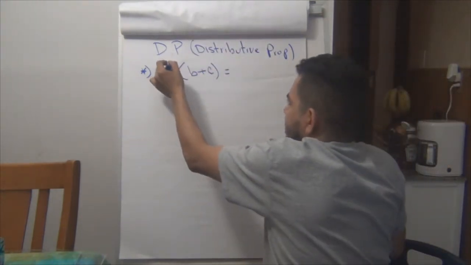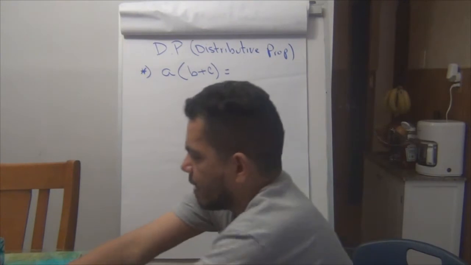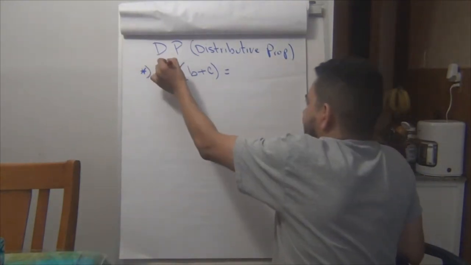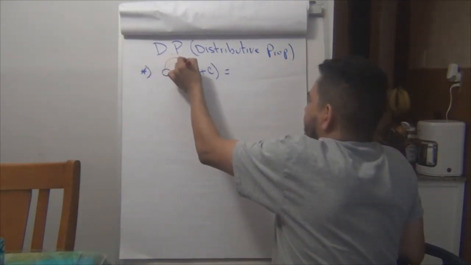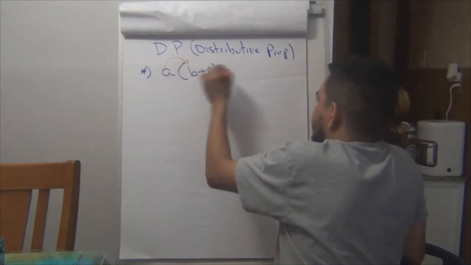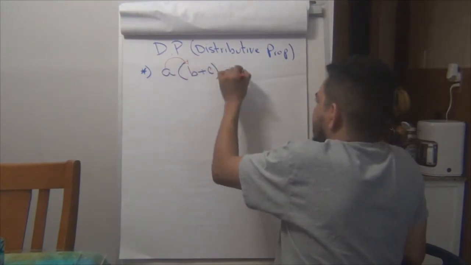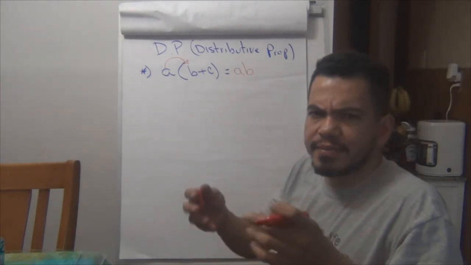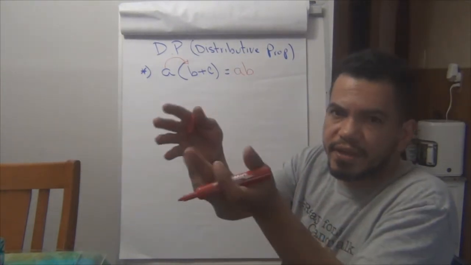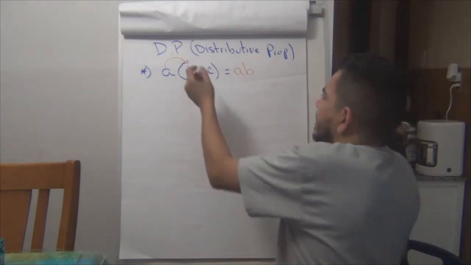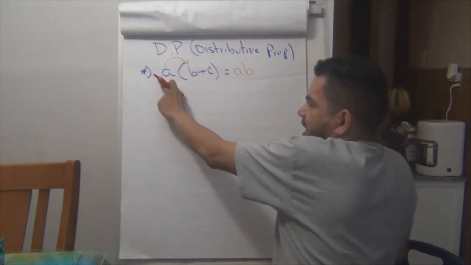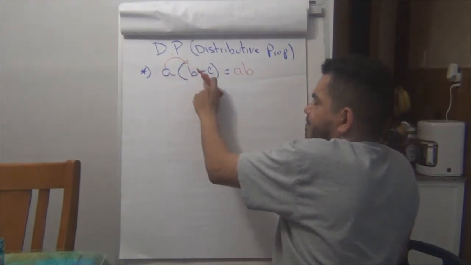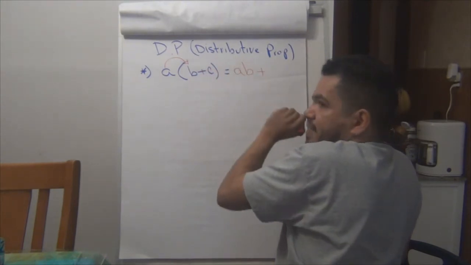So look at this. A is going to get multiplied by B. A times B is AB. A letter times a letter, put the two letters together if they're different, and that's it. Now look, is this term positive or negative? Positive. And then this is positive, so with a positive here.